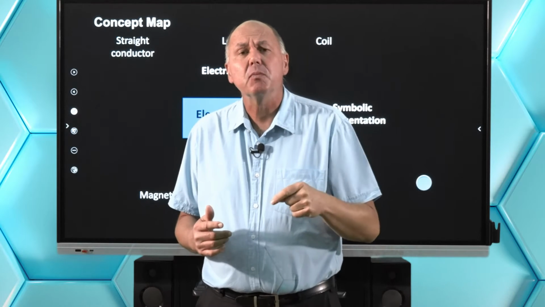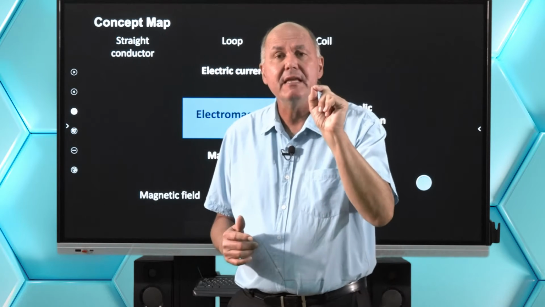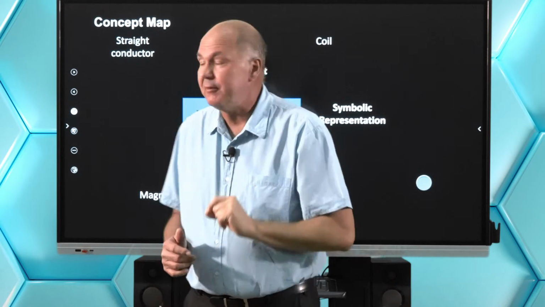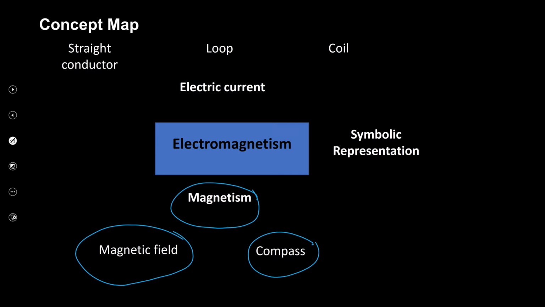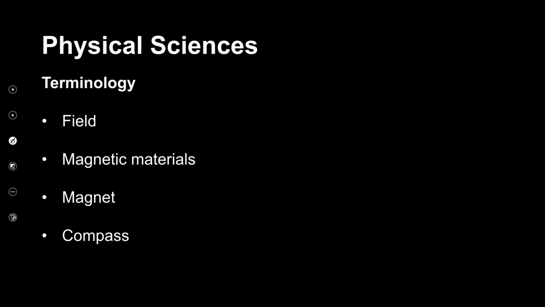But let's explore a little bit more about what I mean by the word magnetic field. So, that's where we're talking about. We're talking about magnetism, and we're going to talk about the magnetic field and what a compass is, and we've got some key words to look at. So the first thing we're going to mention is the idea of a field.